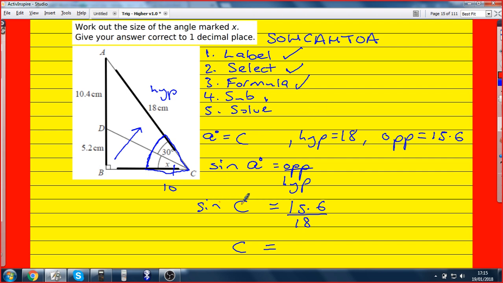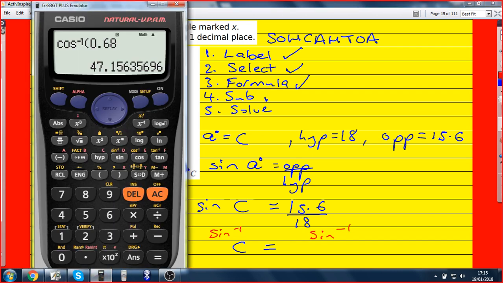Well, what will get rid of sine? You have to use sine minus 1, the thing that you did in the calculator. Yeah. And so what am I putting into my calculator to get the angle C? Shift sine. Yeah.